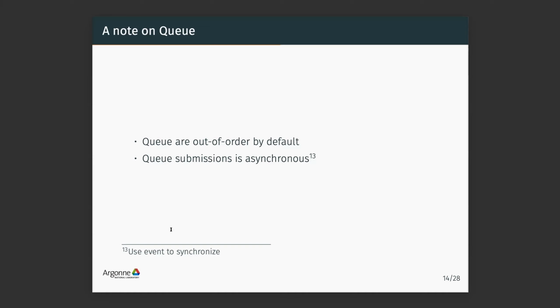So it's not because you first enqueue A and after enqueue B that A will be executed before B. It can be executed in another order. And everything is asynchronous by default. I think it's exactly like Kokkos: only memory allocation and free are synchronous, all the rest are asynchronous. And you can use events to synchronize. We have some examples later if you want to use events.